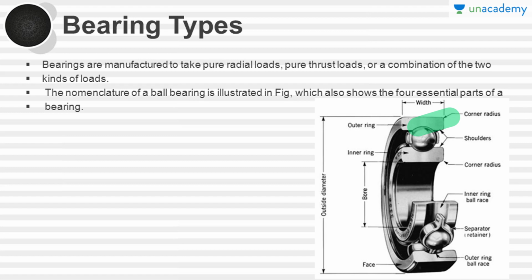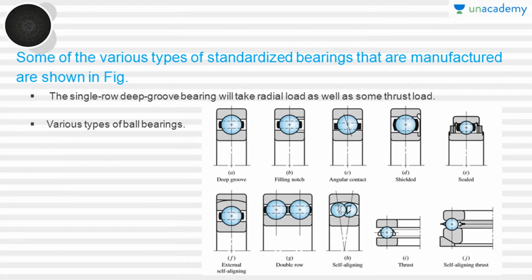So you can see the nomenclature here: the separator, the outer ring and the bore, and the other nomenclature used to describe rolling contact ball bearings. Some of the various types of standardized bearings that are manufactured are shown in the figure.